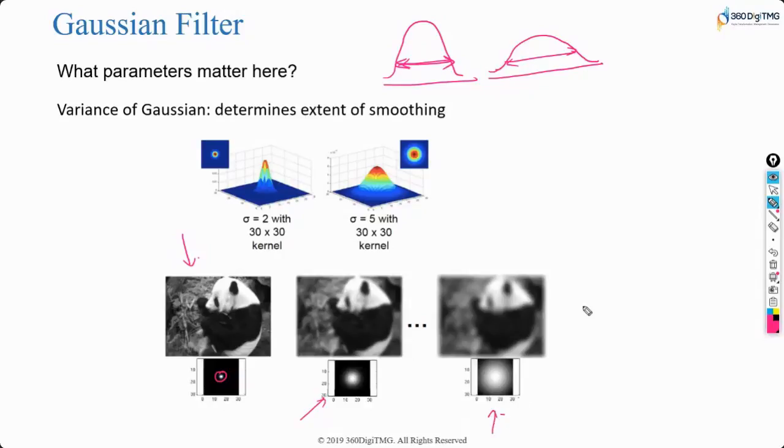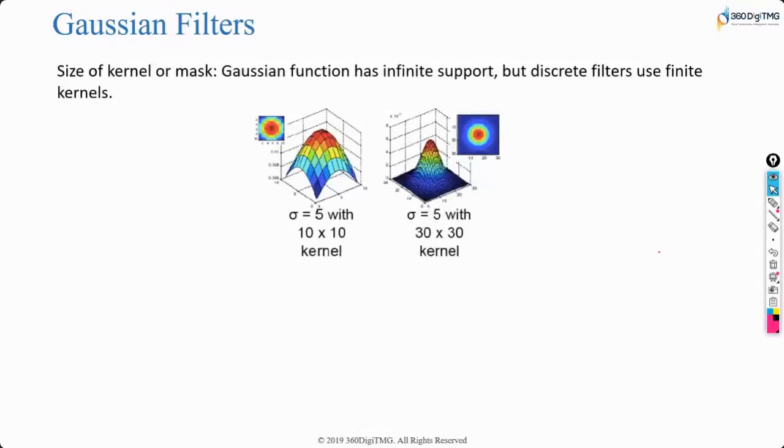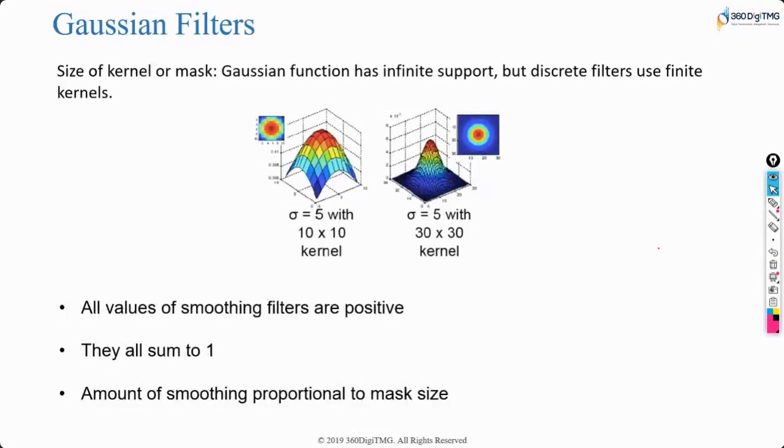If the variation is even larger, the amount of blur will be too much. So you decide on how much blur is actually needed. It has a lot of applications in Adobe Photoshop, Picasso, and so on and so forth. Okay, next.